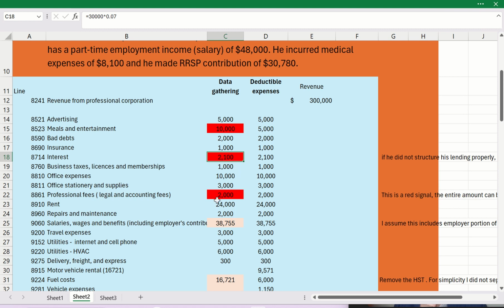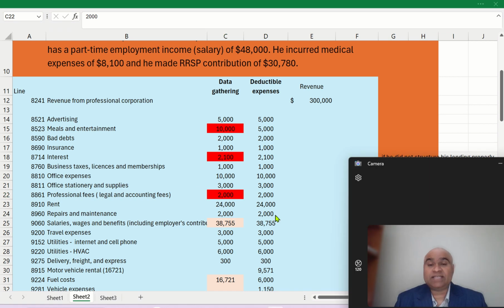And this is the professional expenses. With certainty, I can tell you that where the legal fees are more than $5,000, you may not be able to claim the entire amount as a deductible expense. You need to amortize that for tax purposes over 5 years.